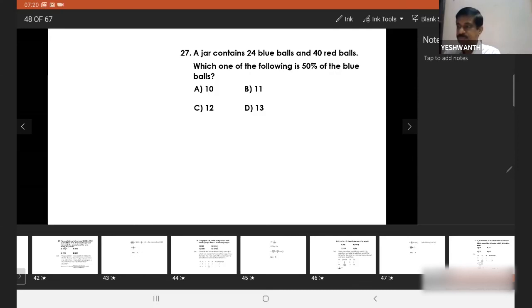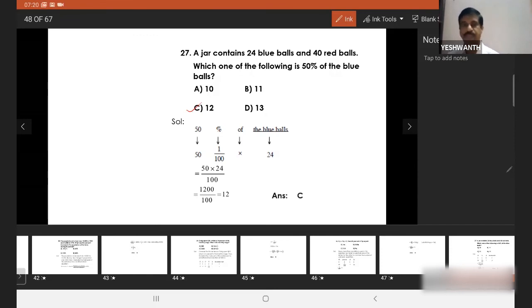So what is that blue balls percentage? If you take 50 percentage, by 100 of, multiplication, blue balls 24. So if you look at that, 24 into 50 by 100. So that is equal to what? 12. So you have option C.